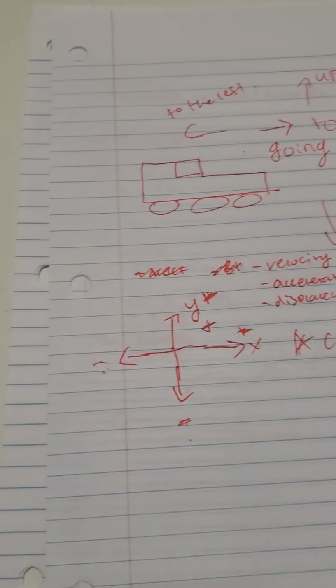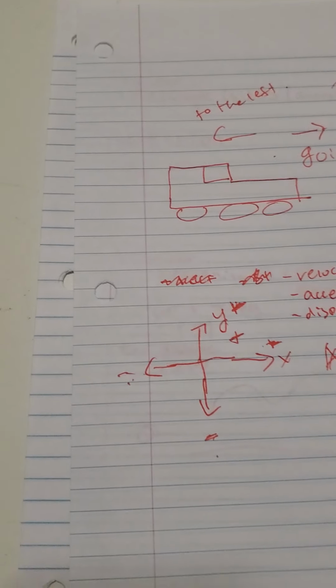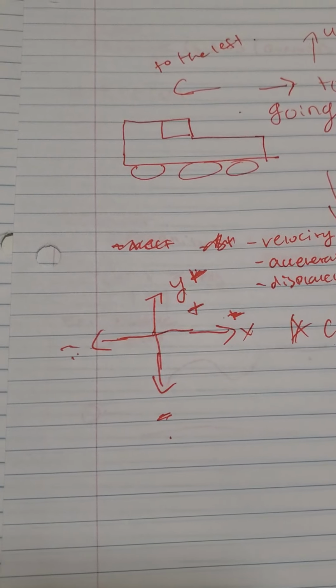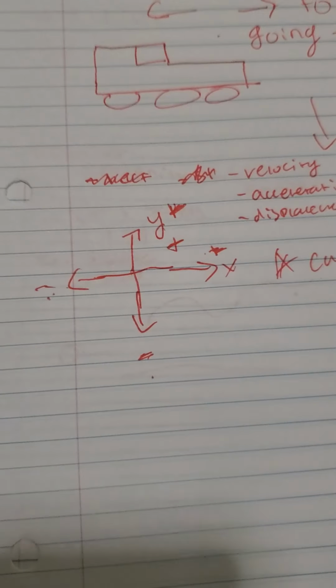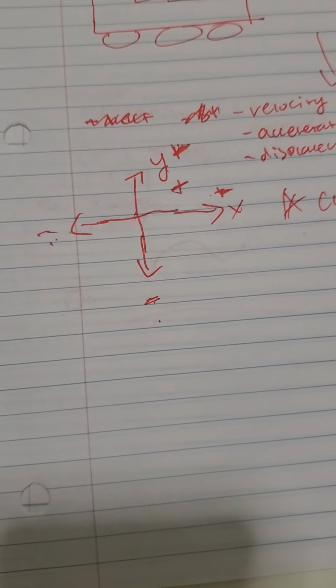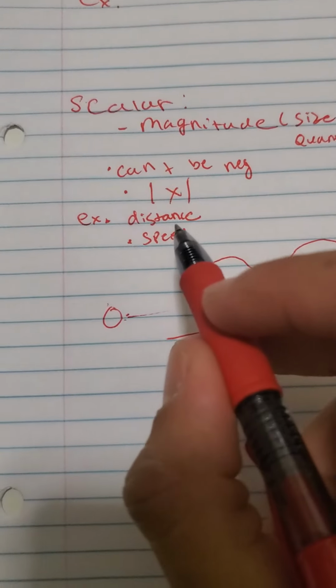There's more we could do with vectors. We could break the vectors apart. We could add the vectors, subtract the vectors, multiply, divide the vectors into pieces. Whatever operation we could do with a scalar quantity. A scalar quantity is just a normal number, whereas a vector quantity tells us a direction.